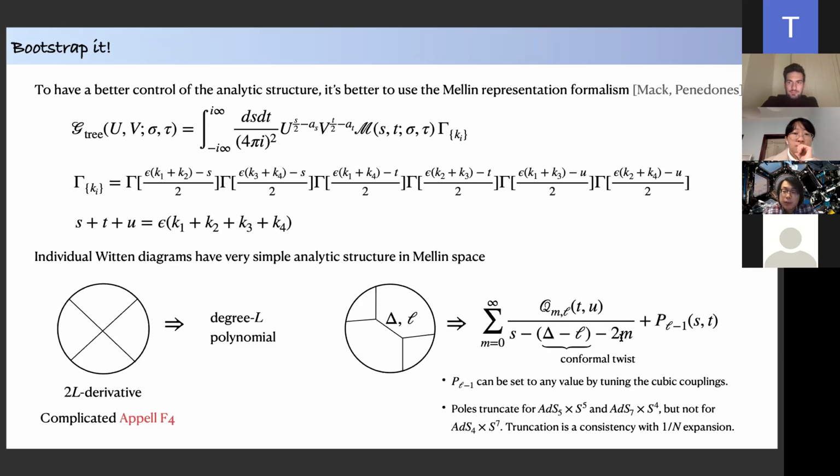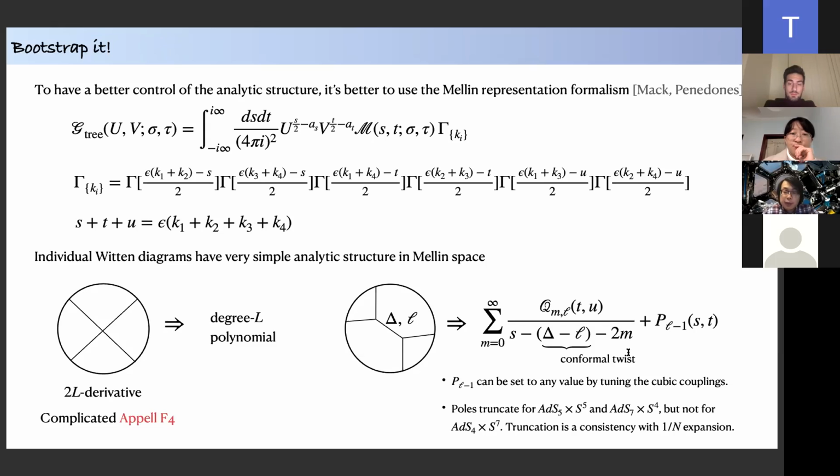These poles form a semi-infinite series. They start from the conformal twist of the exchanged operator, and you have some descendants. Here, let me also point out that this regular piece is not really uniquely defined, because we can choose different cubic vertices that are equivalent on shell, but they can modify this amplitude by some additional contact terms.